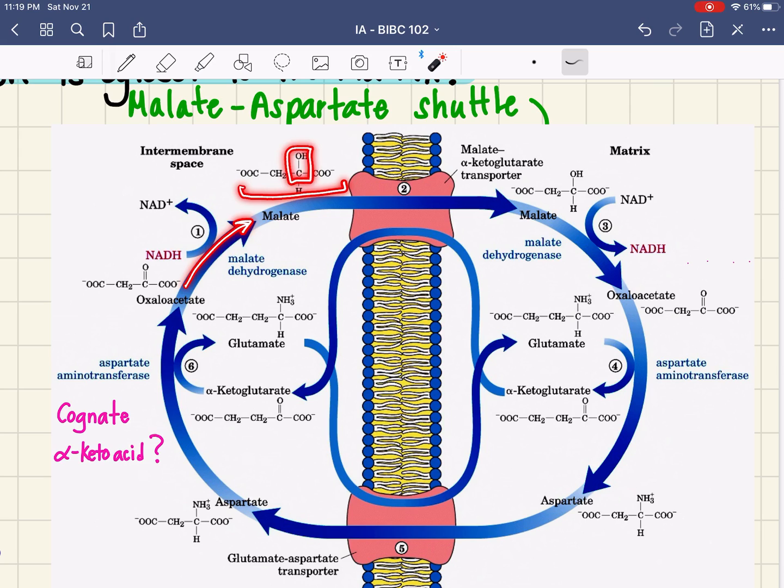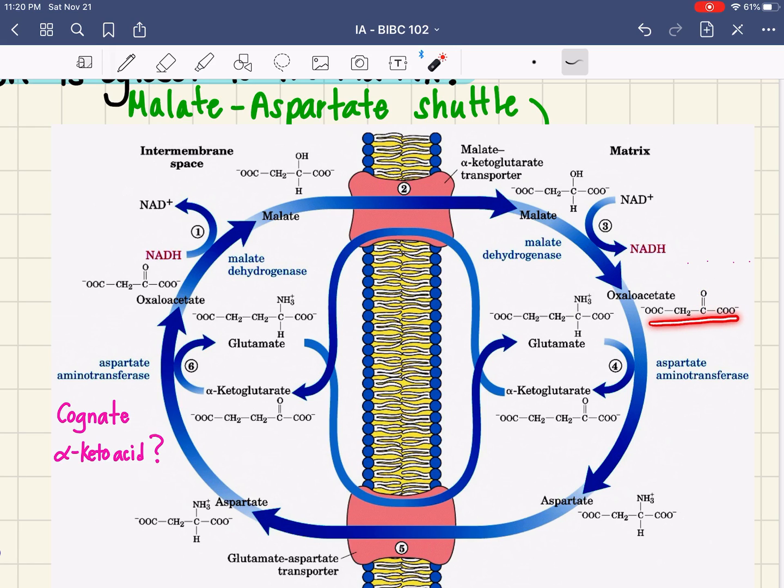See, this is an alcohol. Then malate goes through a malate transporter. See, now malate is here. It is oxidized at this alcohol position by NAD back into oxaloacetate.